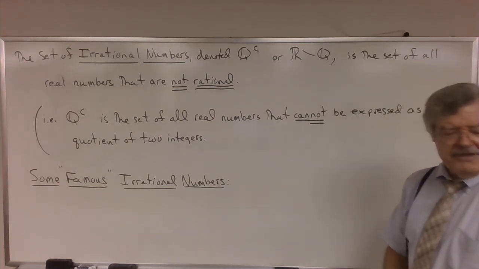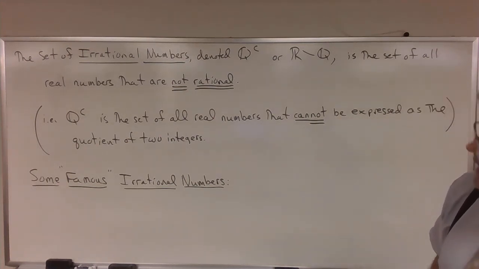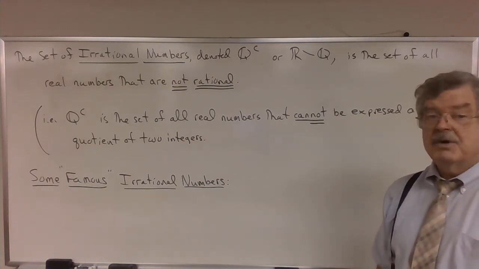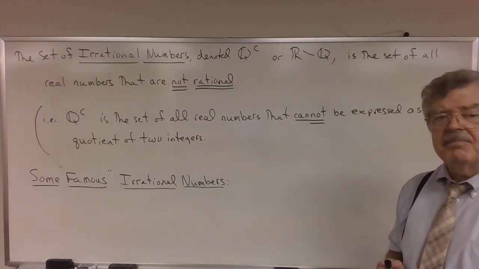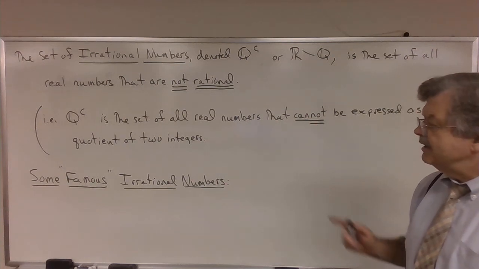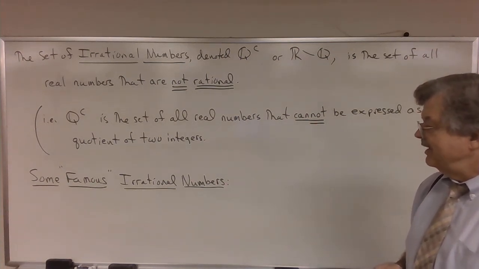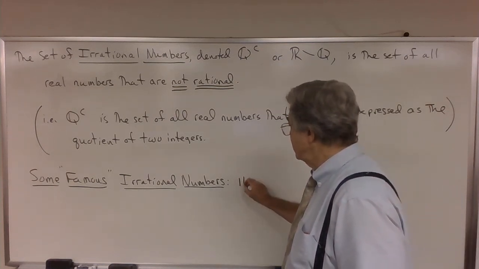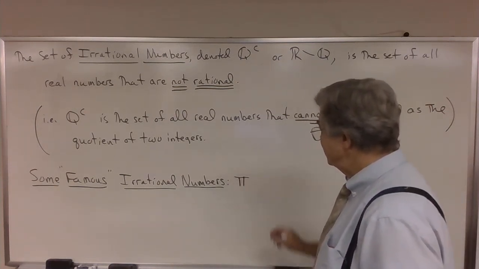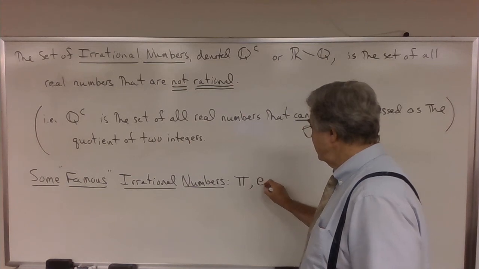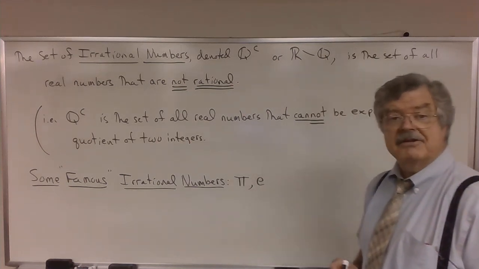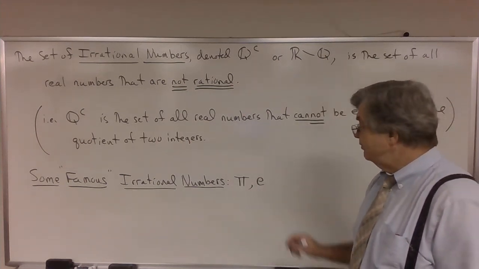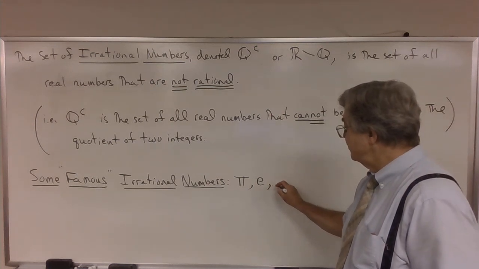And just for the sake of example, and we're going to be working with a lot of examples in this class, we're going to list some famous irrational numbers. Pi is a famous irrational number. E, the base of the exponential function, is an irrational number.